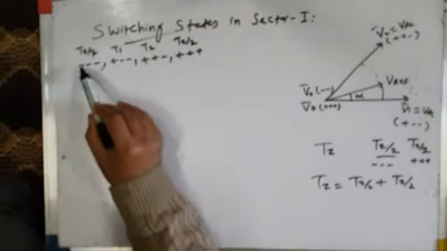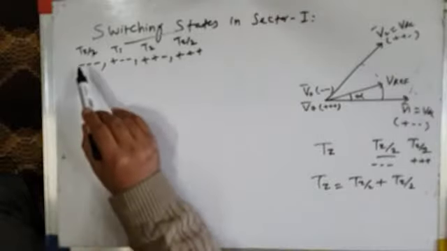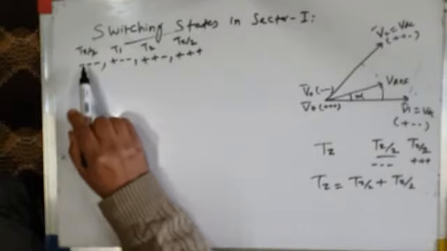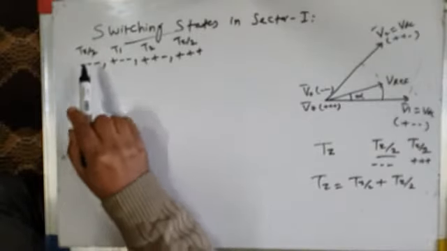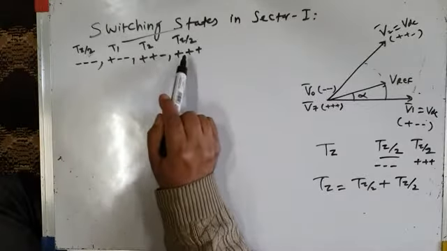I could have applied minus minus minus or plus plus plus for entire time period Tz. Why have I divided this zero time period Tz into two equal intervals Tz by 2 and Tz by 2?